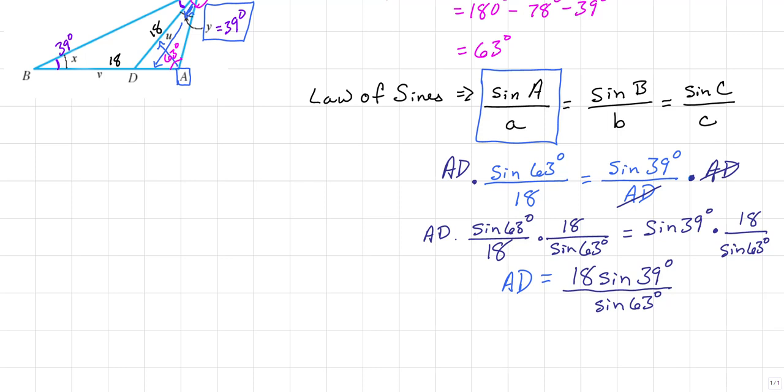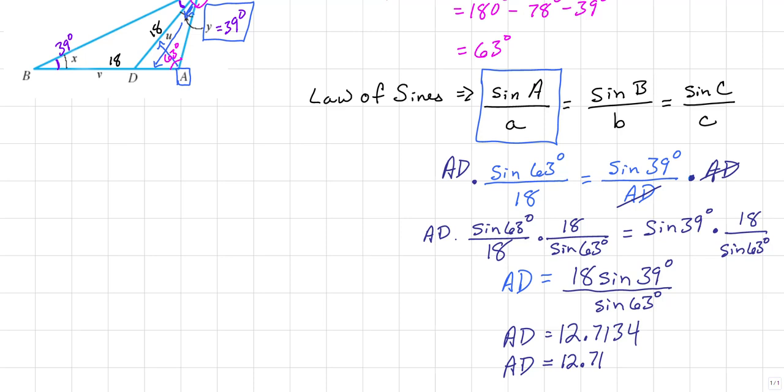And so we simply would do 18 times the sine of 39 degrees divided by the sine of 63 degrees. And that's going to give us a decimal. And AD will be equal to 12.7134. Now remember, the directions said round to 2 decimal places. So that means that the length AD is going to be equal to 12.71.